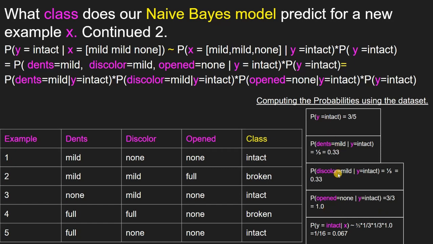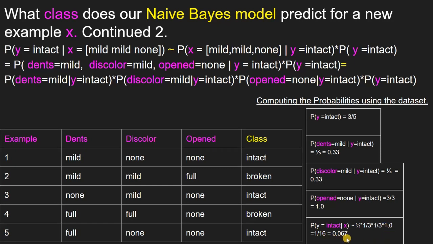And now we computed our 4 terms, 1, 2, 3, 4. And now we can compute the probability of Y equaling intact, given our example X. And so this is going to equal 3/5, the probability of Y equaling intact, times 1/3, the probability of dense equaling mild, given Y is equal to intact, times 1/3, which is the probability of discolor equaling mild, given Y is equal to intact, times 1, which is the probability of open equaling none, given Y is equal to intact.